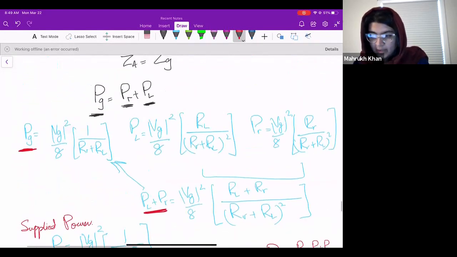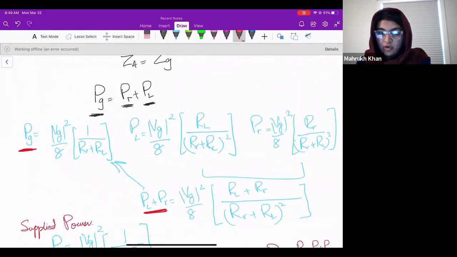Okay. So if you see here, we were having three types of power dissipations. One was PG, one was PL, and one was PR. So in the case of receive mode, our VG is changed to VT.